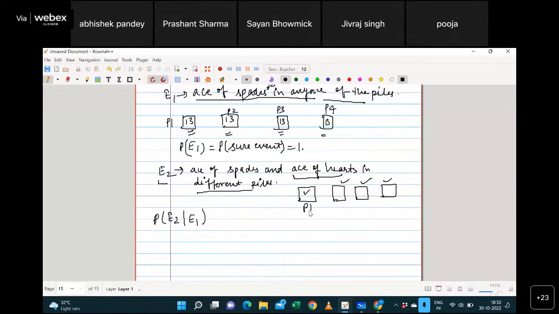Suppose the ace of spades is in the first pile, so the ace of hearts should be in either the second, third, or fourth. So what's the probability?